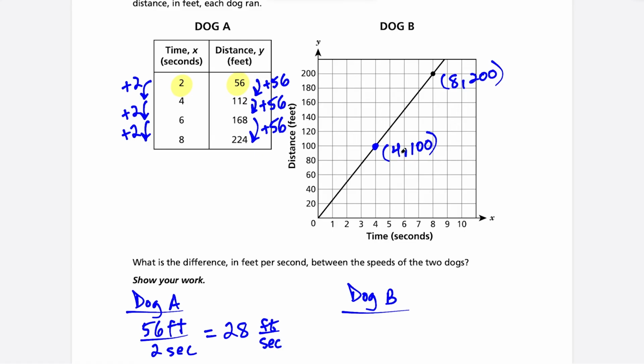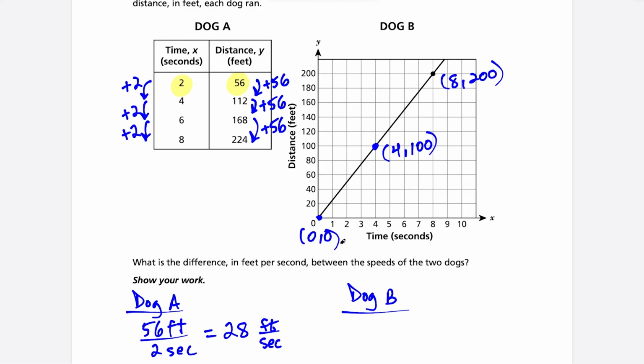So the x-axis is telling us how much time goes by in seconds, and the y-axis is telling us how much distance is covered in feet. Notice that we're starting at 0, 0 here because the dog is starting off covering no distance at all, and then that's when the distance is being recorded. So this is at 0, 0.